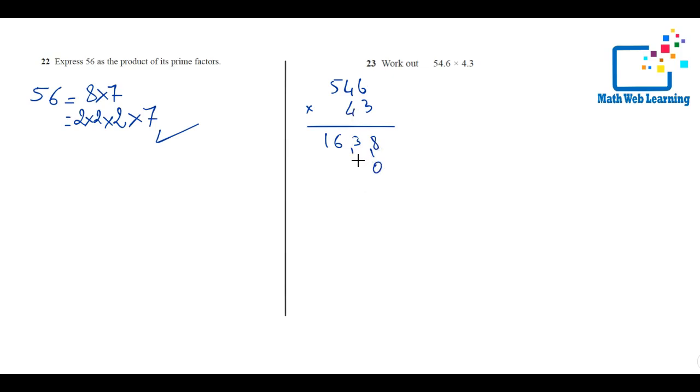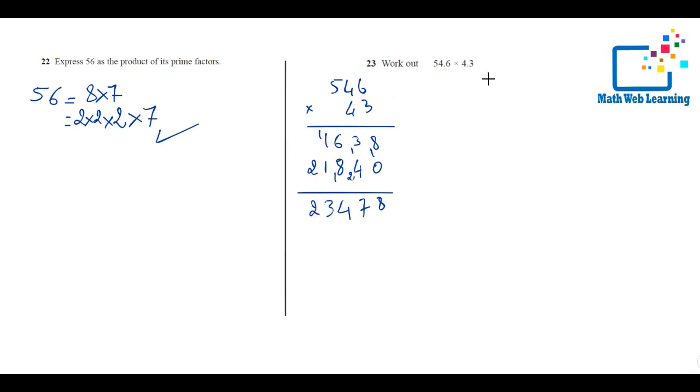Then 4 times 6 is 24, carry the 2. 4 times 4 is 16, and the 2, 18. Carry the 1. 4 times 5 is 20, and 1, 21. Add the 2 lines. 8, 7, 14. Carry the 1. 1, 2, 3, and 2.